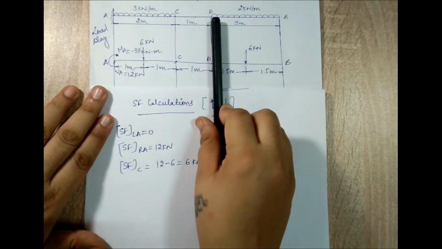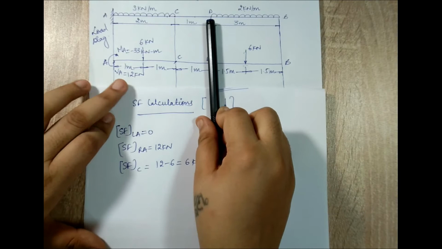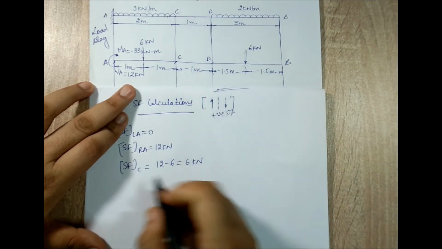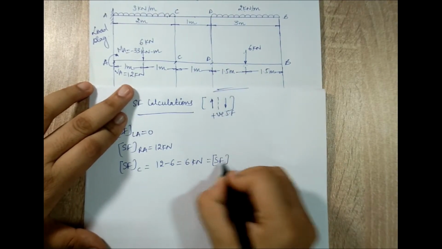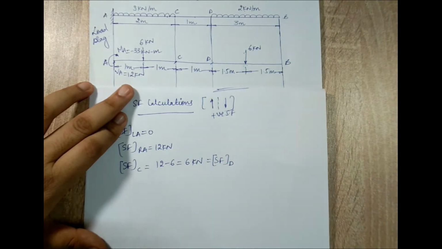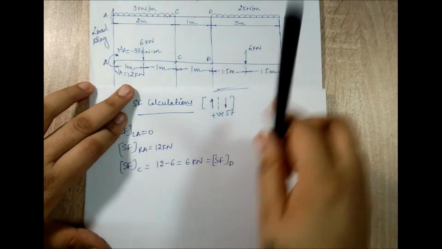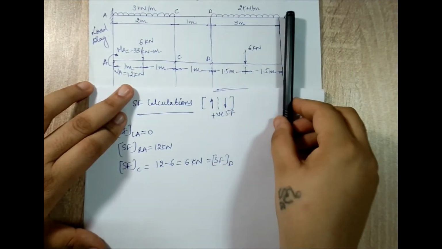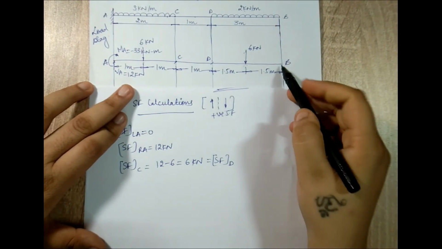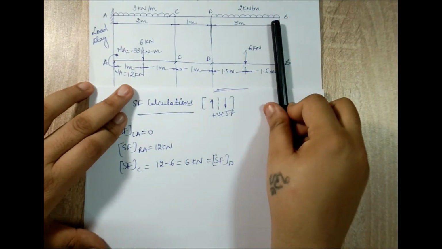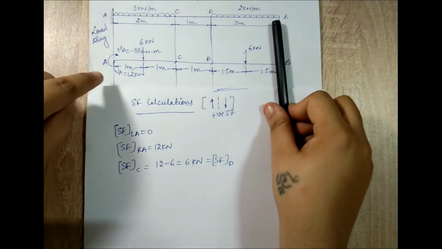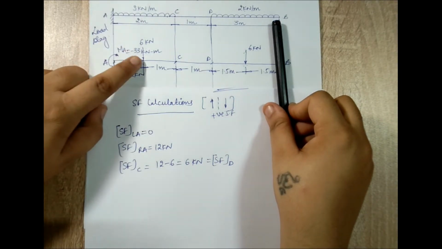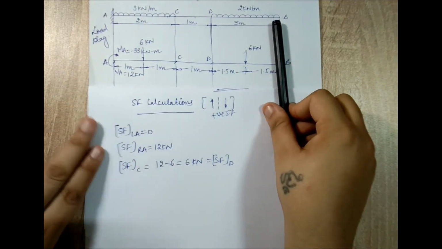When I stand at D and I look to the left, again I'll see the same thing which I saw by standing at C. So I'll write down a shear force at D. Next I will directly jump to the point B. Since there is no shear force here, again I will just calculate once. I can see VA going upward, minus 6 downwards and minus 6 downwards.